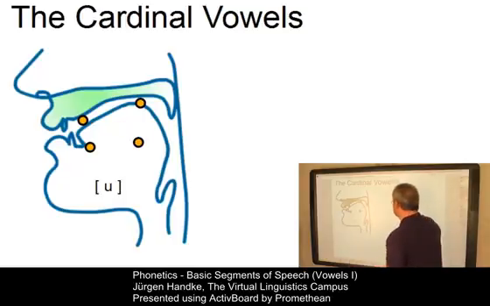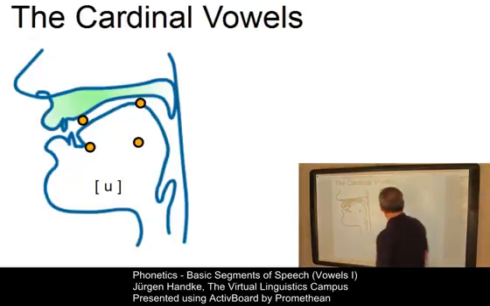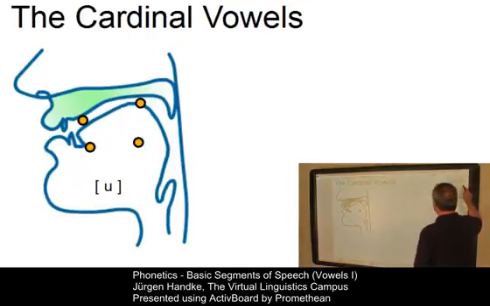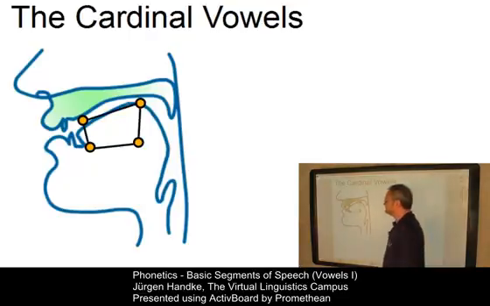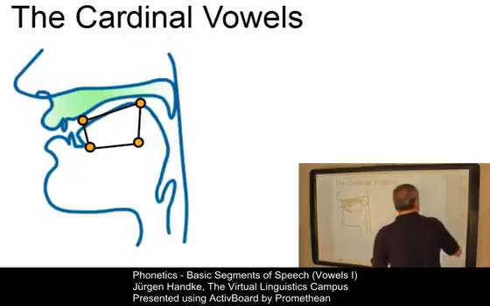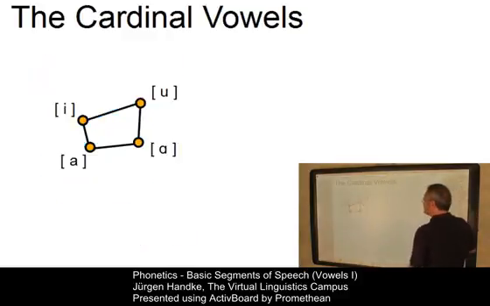As a result, if we combine these extreme points, we get a quadrilateral. And now in this quadrilateral, if we take it out of the mouth, we have 4 reference points.